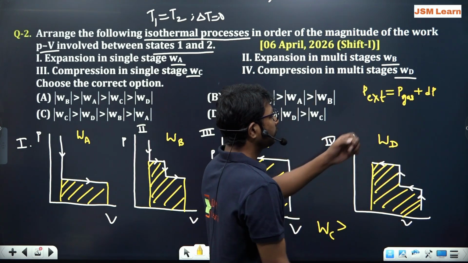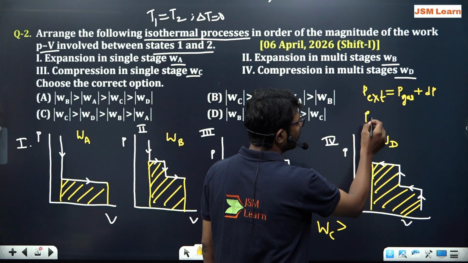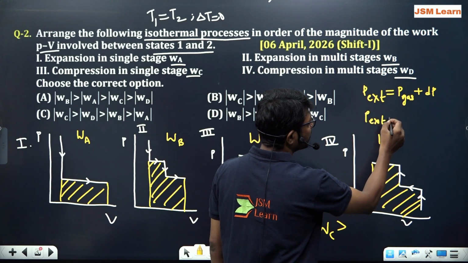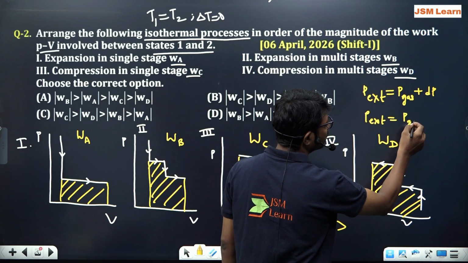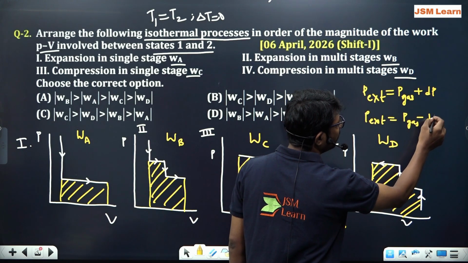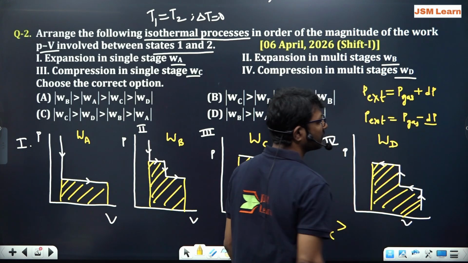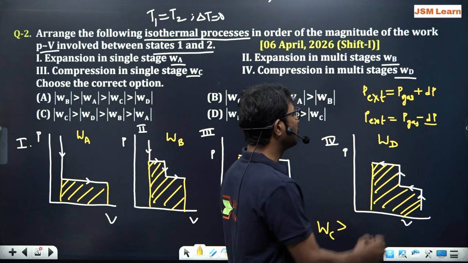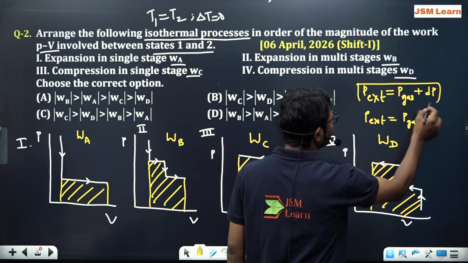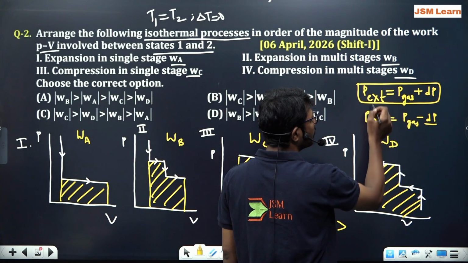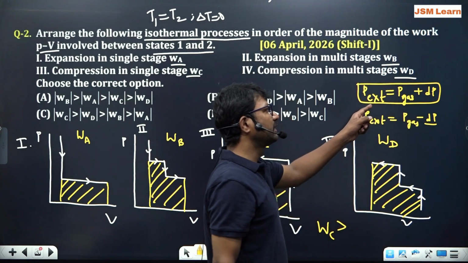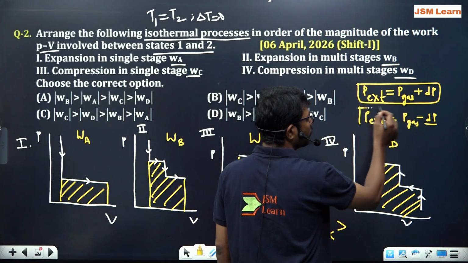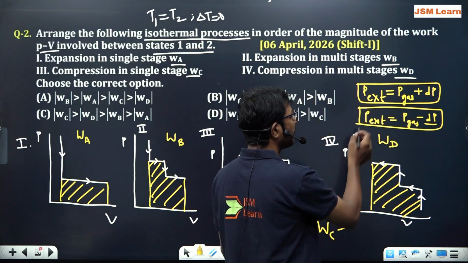Now in case of expansion, P external will be slightly lesser than the P gas by dP value. So in case of compression, where additional pressure is used, as a result the compression work magnitude is going to be higher compared to the expansion.